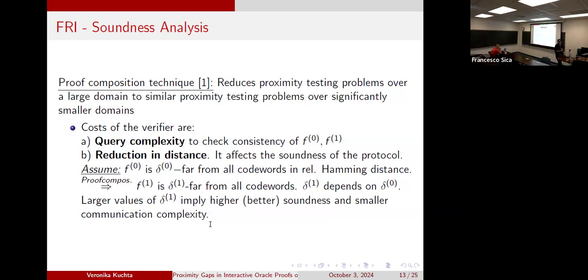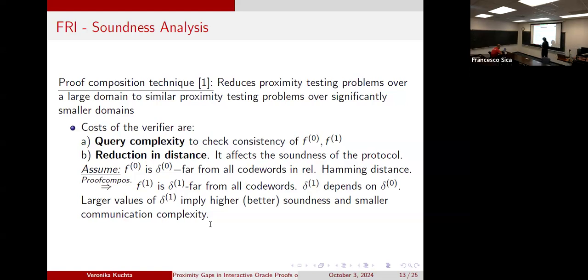In order to prove the soundness of IOPP, we have to pay attention to the following. We have seen before that the initial proximity testing problem, which was defined over a large domain, was reduced to a proximity testing problem over significantly smaller domains.